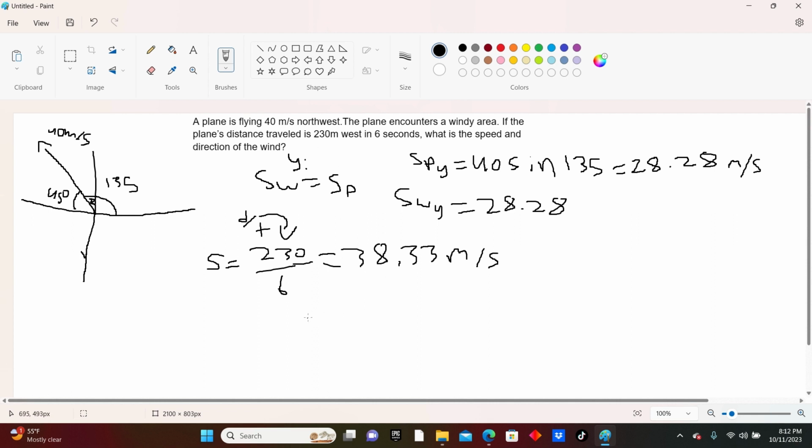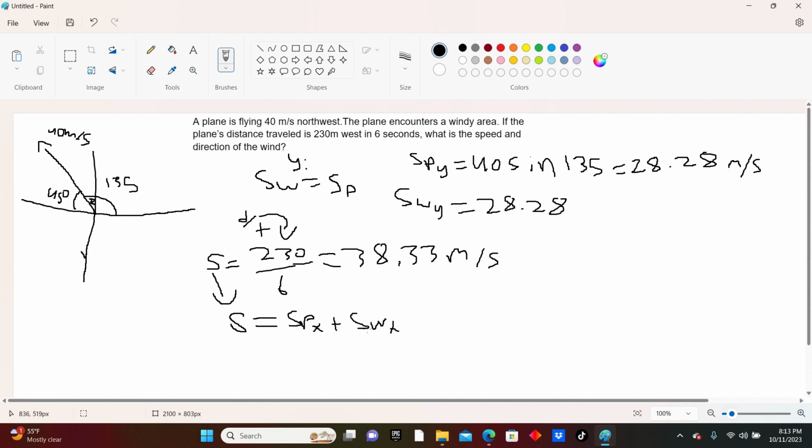So we can represent this as the speed, which is this value here, is simply the net result between the speed of the plane in the x direction and the speed of the wind in the x direction. And we're showing a positive symbol because we don't know if the wind speed is adding or subtracting to the plane speed yet.